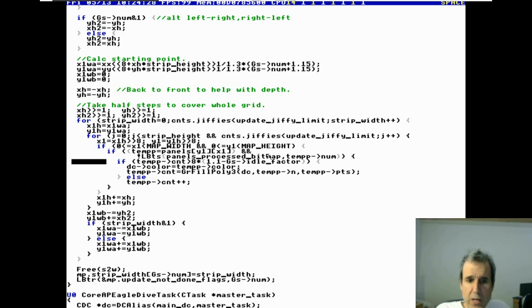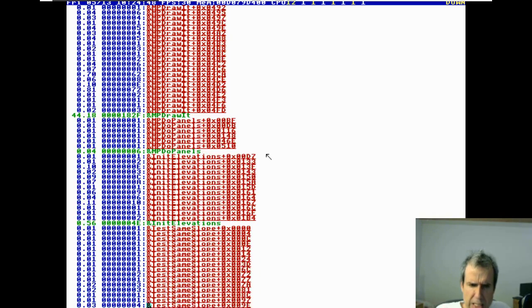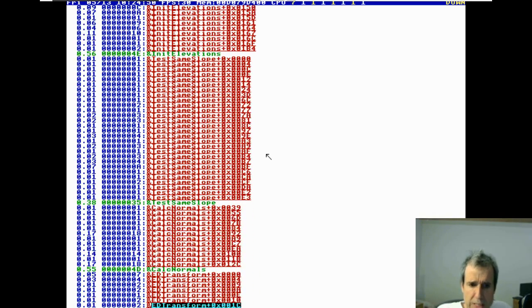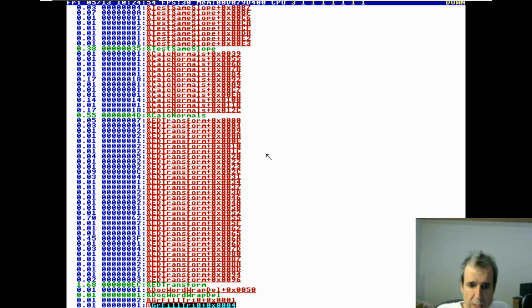So most of the triangles are getting aborted, probably. No, it's not very many. I can get rid of this. It's a crazy thing that just confuses people. It doesn't help much. So what we want is the H line and triangle to be the majority.